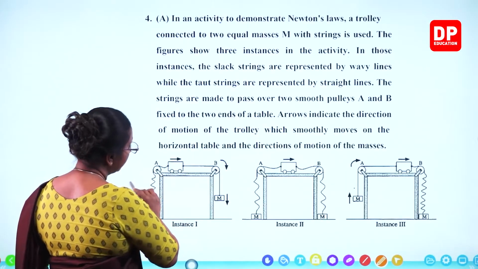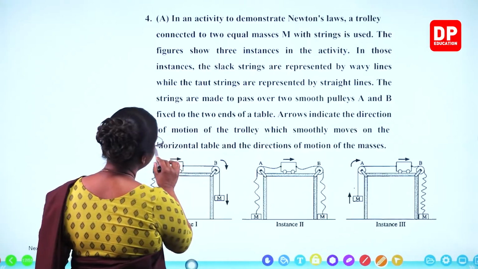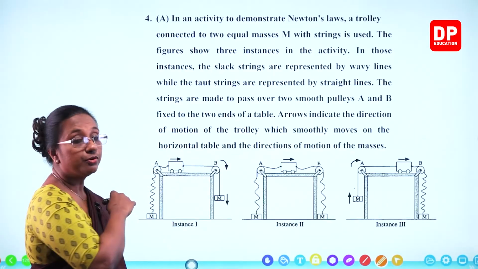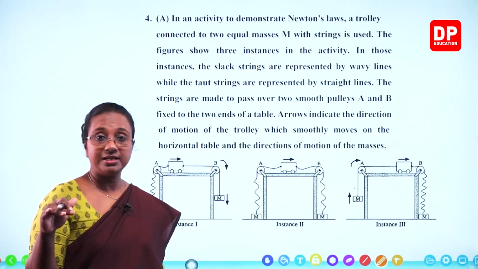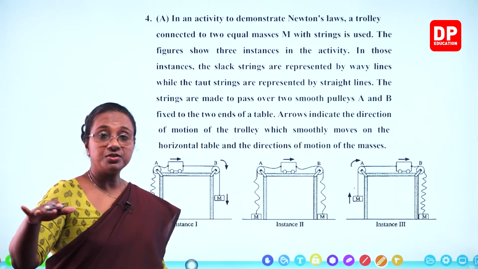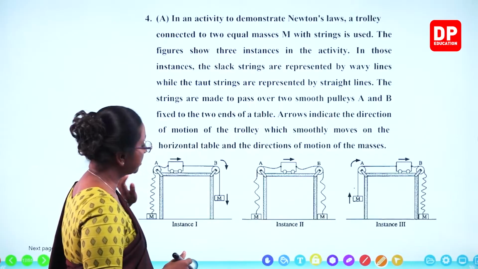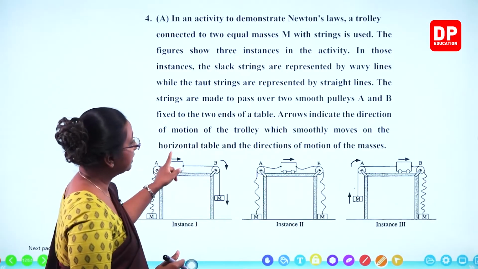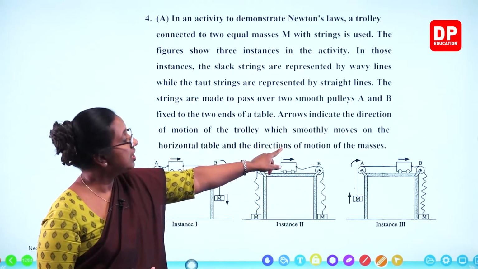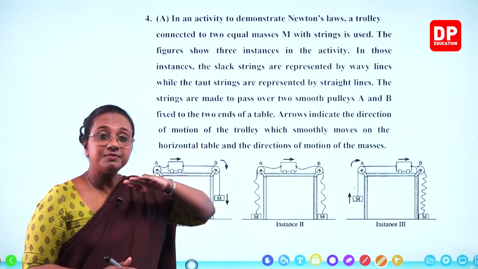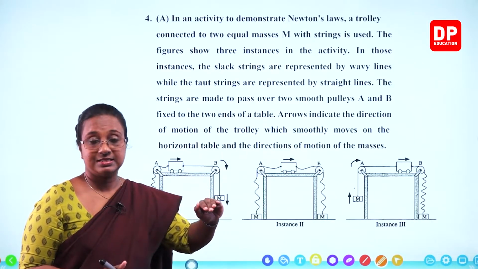In all the instances, they have said horizontal table. You all know why we always use a horizontal table. When it is a horizontal table, the force acting on it is the friction exerted by the table, but here they have said the trolley moves smoothly, so the friction is very less.